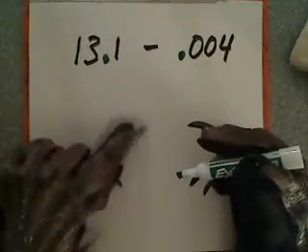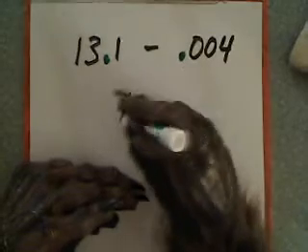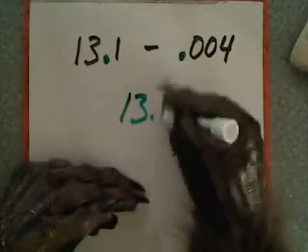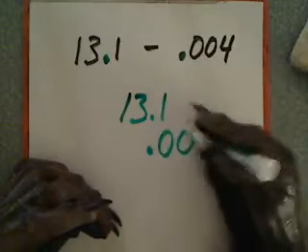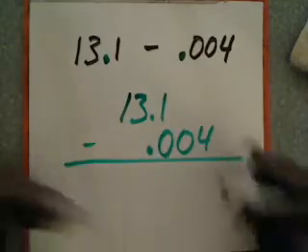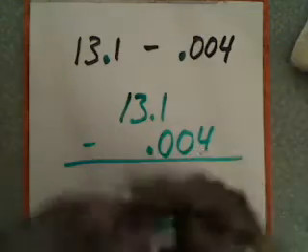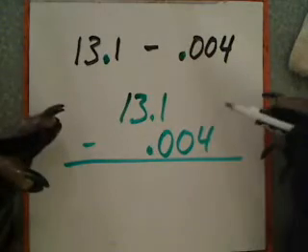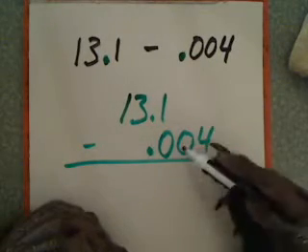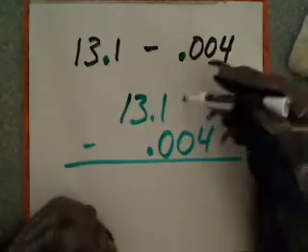Thinking of pie makes me a little hungry. All right, so let's go ahead and line up those decimals. See the decimal 004. Now, what we talked about in adding whole numbers and decimals is adding zeros because we want to have the same number of place values to the right. So we have 1, 2, 3 place values on the bottom. So, hey, let's just have 3 on top.